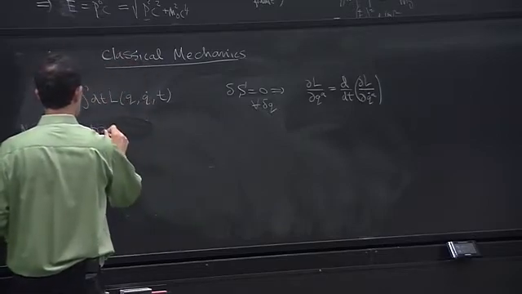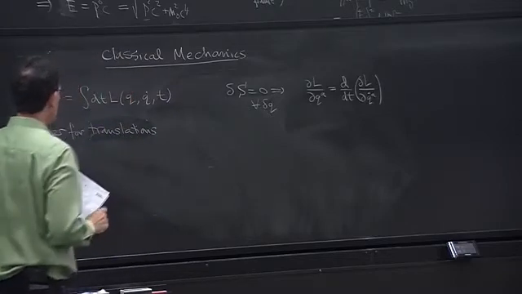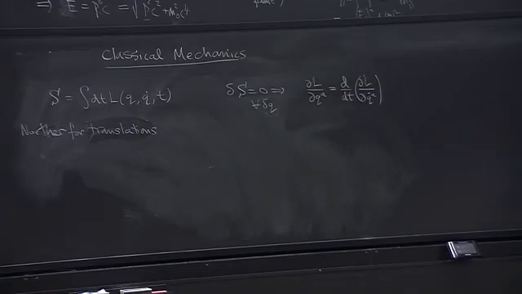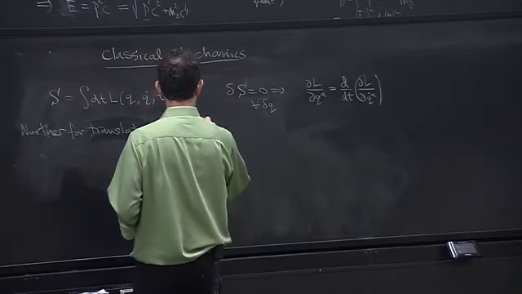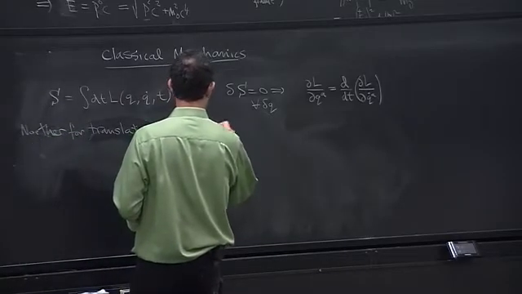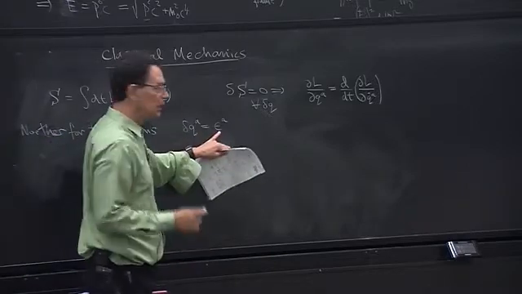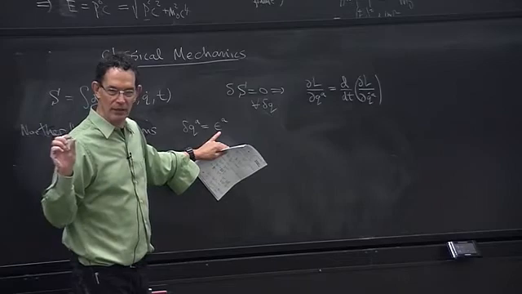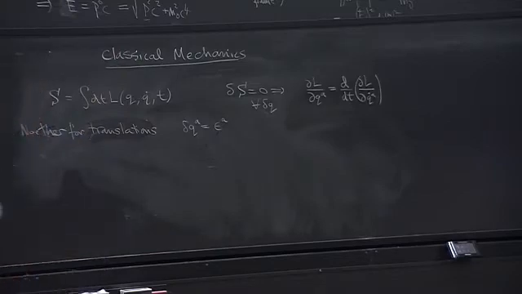Let's first of all do translations. So what's a translation? A translation is just a shift in the coordinates. All right, so if these coordinates were, let's say, x, y, and z, then the Noether transformation would be just a shift in the coordinates. And so this would be a small constant vector in any direction. Okay, that would be a translation.